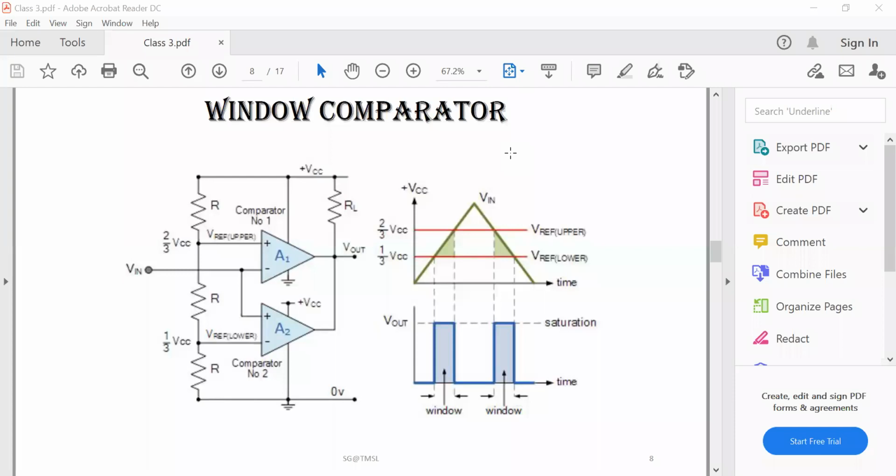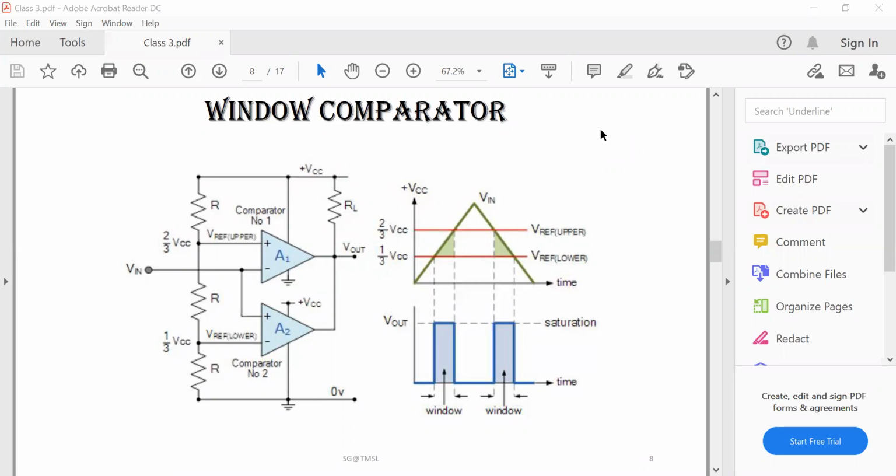It detects input voltage levels that are within a specific band, or window, of voltages, instead of indicating whether a voltage is greater or less than some preset or fixed voltage reference point. So it gives a specific range or band of voltage.